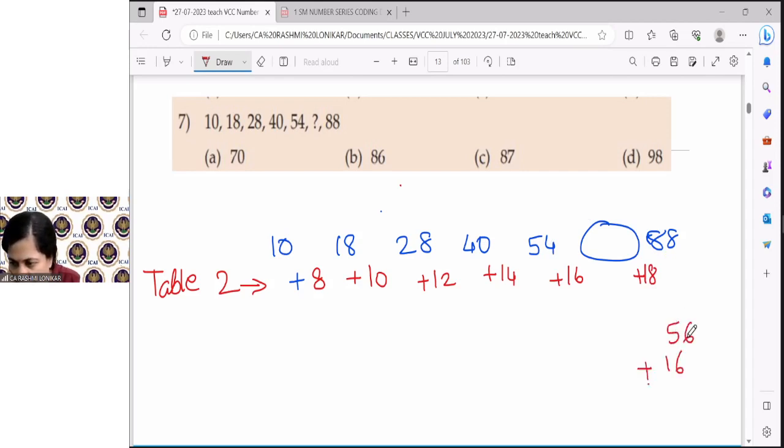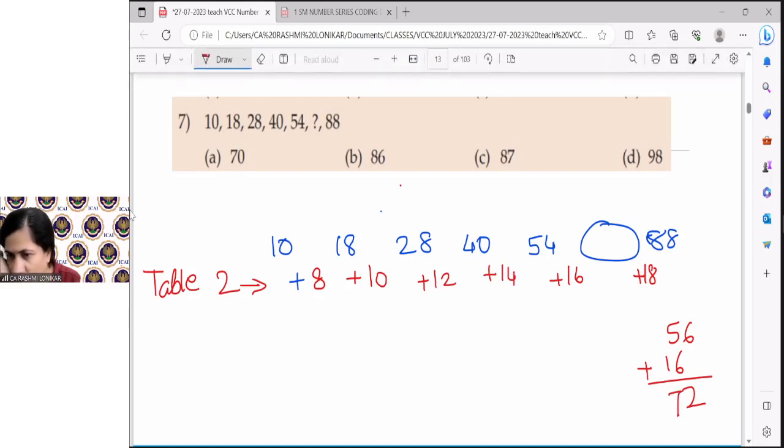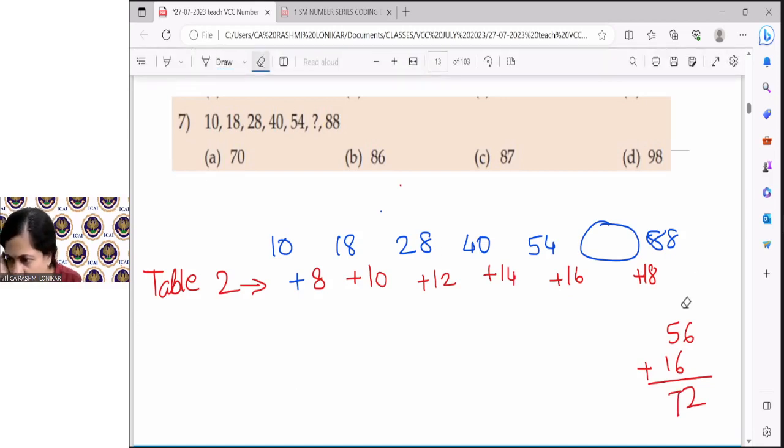Now I will do 54 plus 16. I'm purposely writing this over here because you can easily do it on the calculator, but when you're revising and seeing the video again, if you're stuck in some sum, you can see where I got the number. Oh, 54, sorry. 54 plus 16 gives me 70.